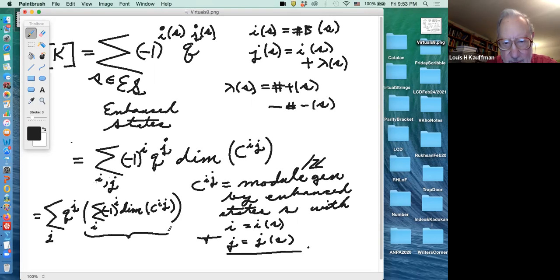And this looks like an Euler characteristic.